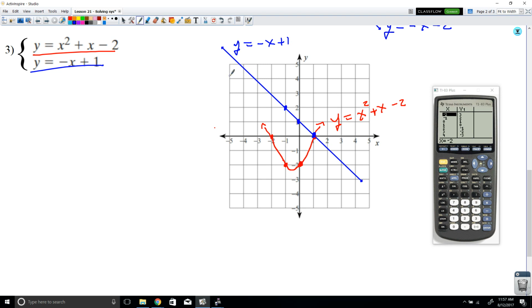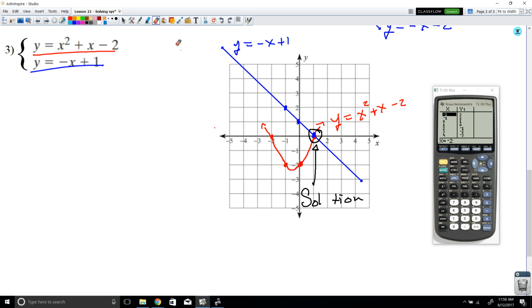Perfect. So we have the red graph, which is the first equation, and the blue graph, which is the second equation. We want to know the solution. So let's see, where do both graphs intersect? Well, I can see that they touch each other here. So this is what we're going to consider my solution. Now that we have our solution, all we've got to do is spell it out.